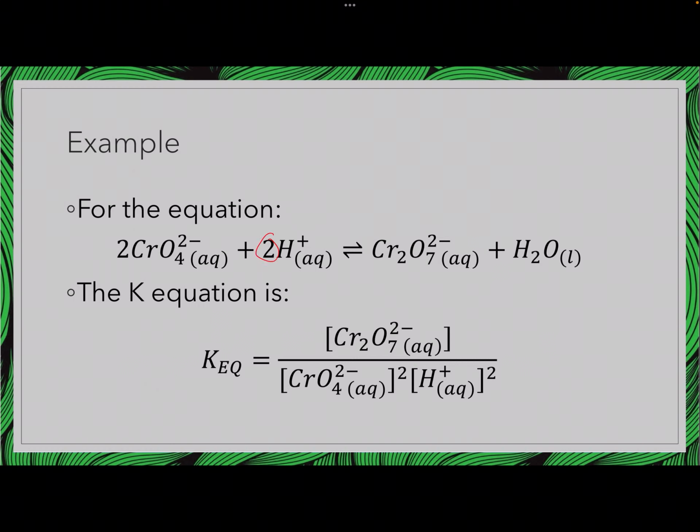H+ has a ratio of 2, so it's squared, and chromate has a ratio of 2, so it's also squared. But you'll notice that our water is a liquid in this case, and because the reaction is done in water, it's not going to affect the equilibrium. So we cross that one out and put it in the K equation as a 1, and so it just ends up being that for our K equation.